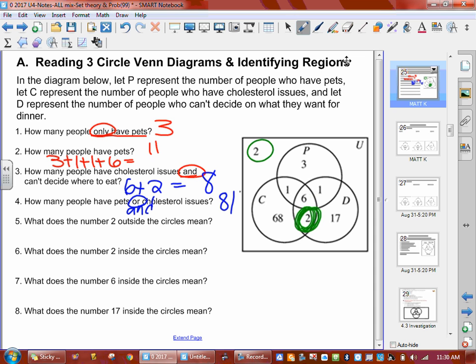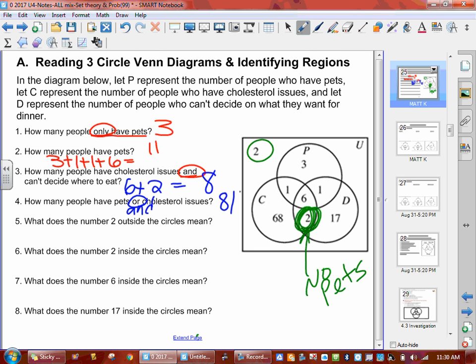But they don't have pets. How do we know that this group of 2 doesn't have pets? Because they're not in the pet circle. So these guys here, no pets. That's one of the things that number 2 indicates. They don't have pets.